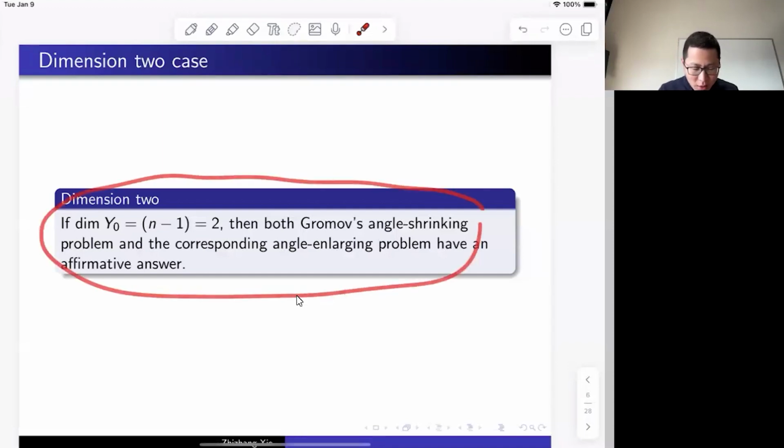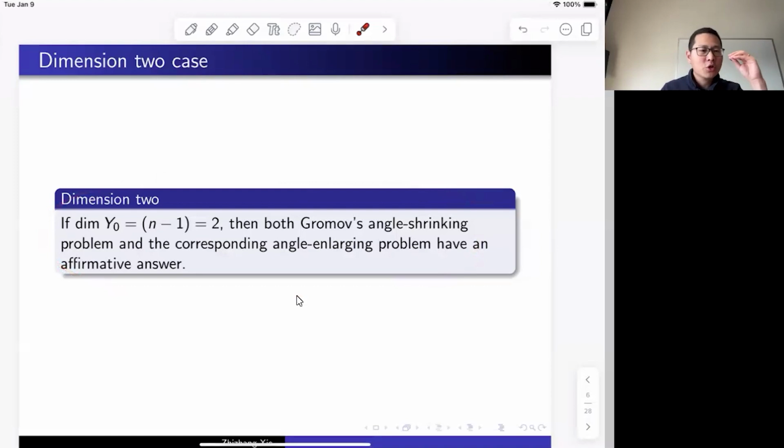But let me just mention that in dimension two, where you have a spherical polytope in a two-dimensional sphere, Gromov's angle shrinking problem or the corresponding angle enlarging problem has a positive answer. This can be done geometrically.